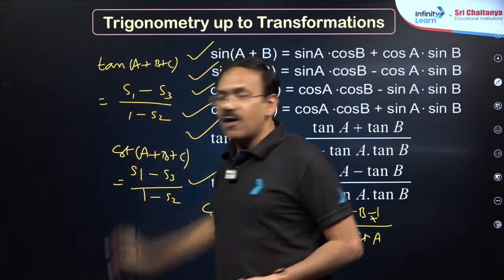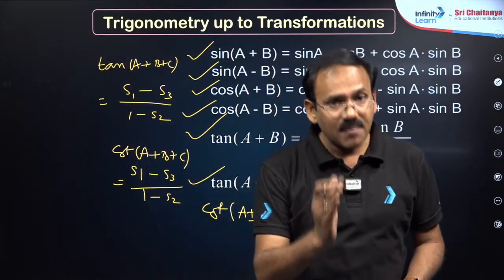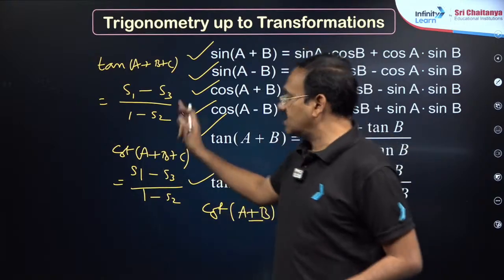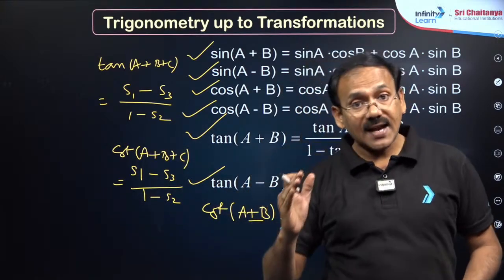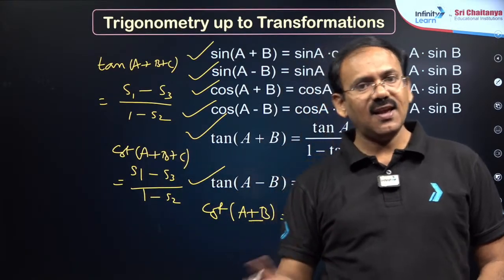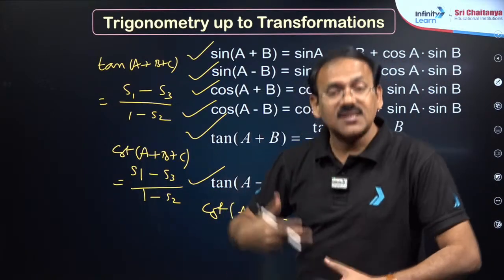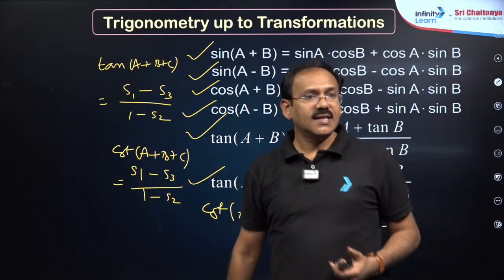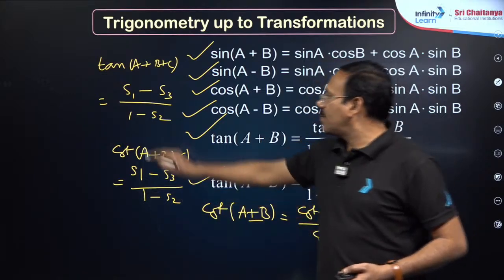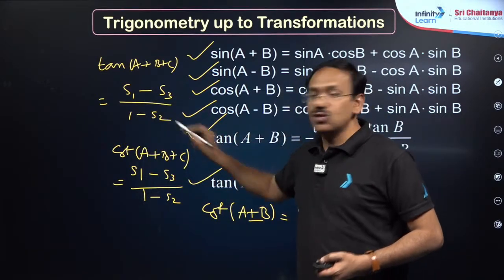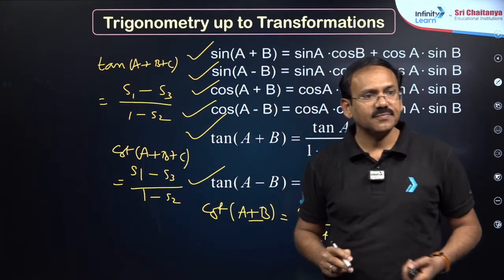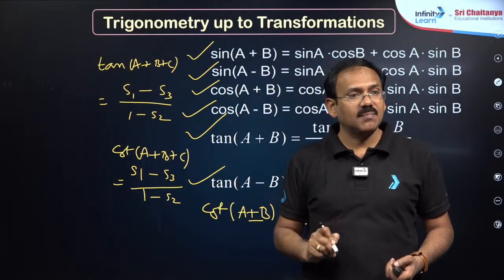For example, tan of A plus B plus C means tan A plus tan B plus tan C, that is S1, minus tan A tan B tan C, S3, by 1 minus S2, tan A tan B plus tan B tan C plus tan C tan A. S stands for sum. Sum of 1 term, 3 terms, 2 terms. Got it? S stands for sum.